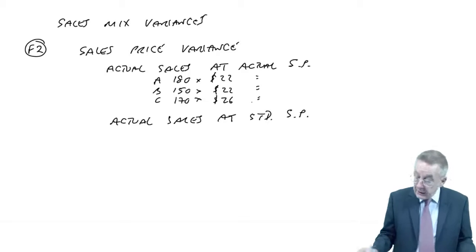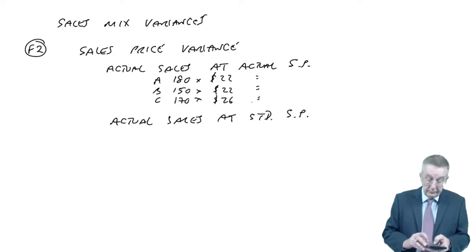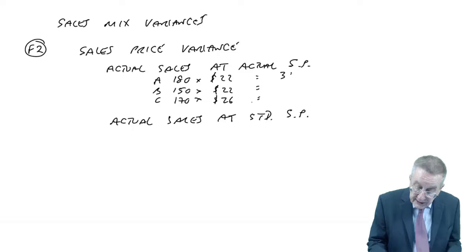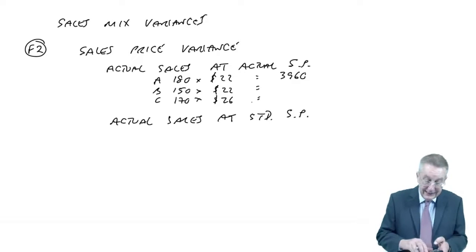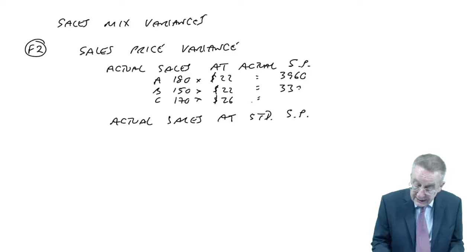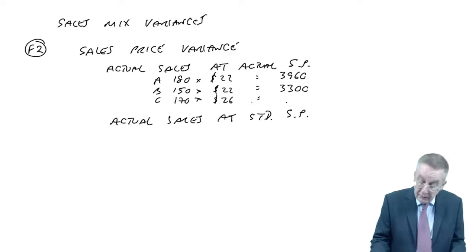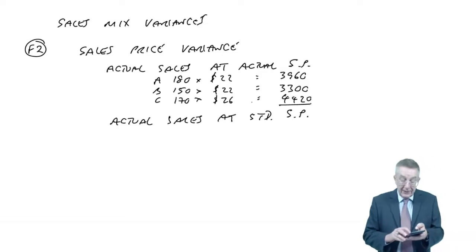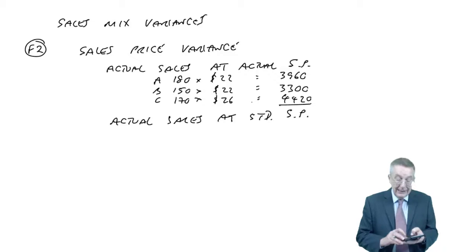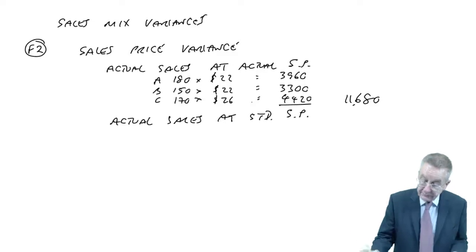And so the actual revenue 3,960, 3,300, 4,420, and so in total, I think, 11,680.